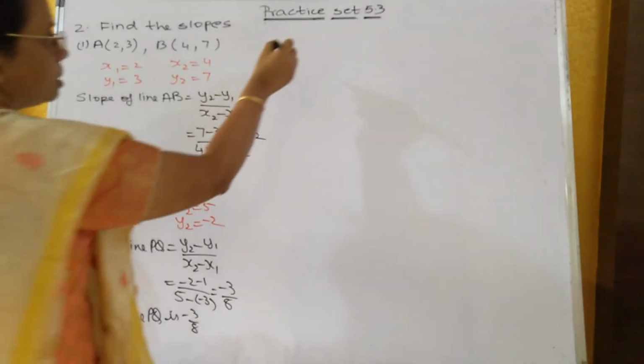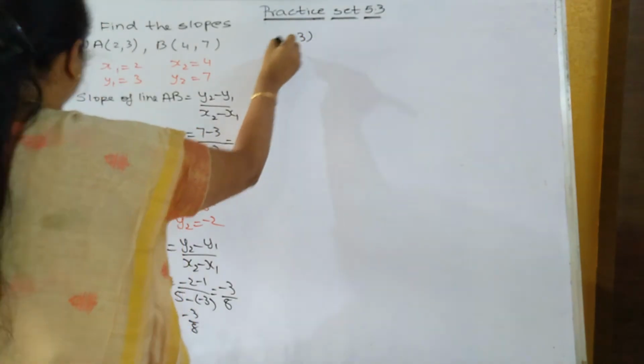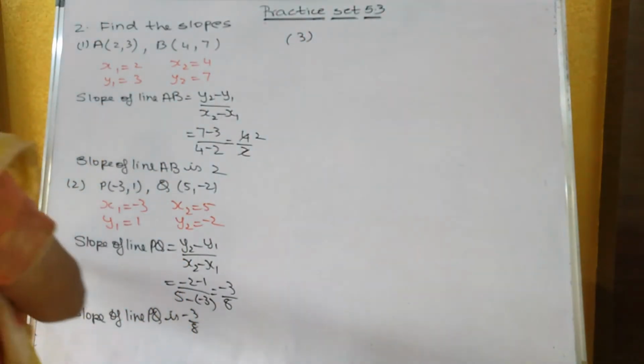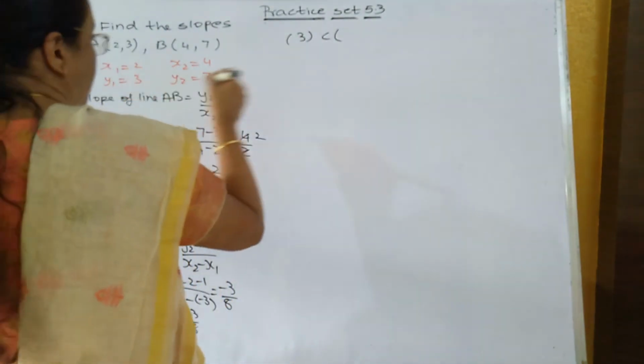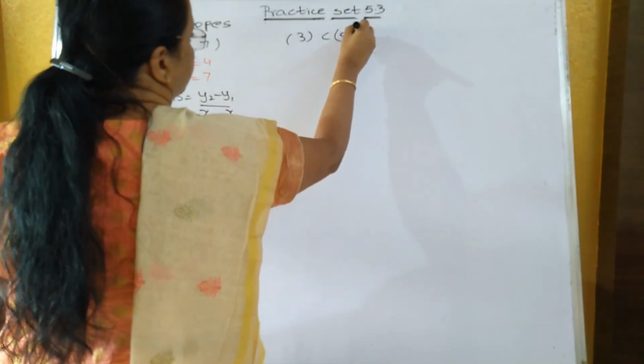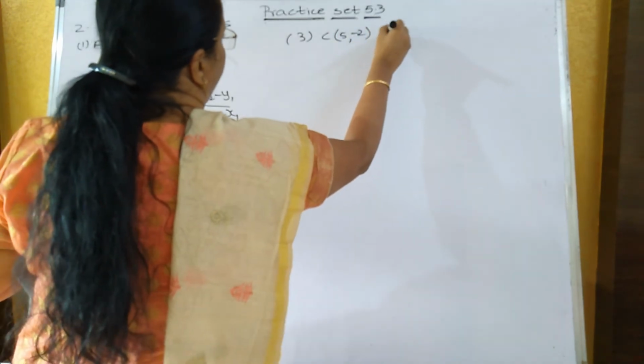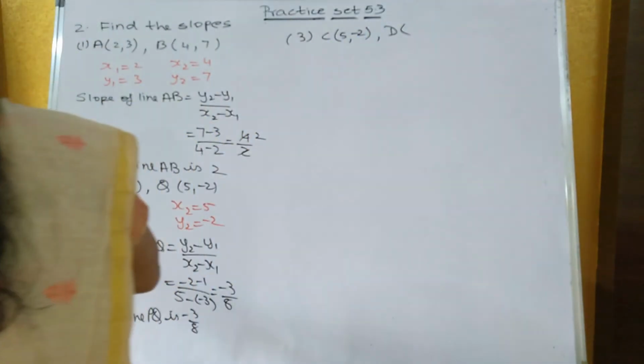Now the third sum. They have given C (5, minus 2) and D (7, 3).